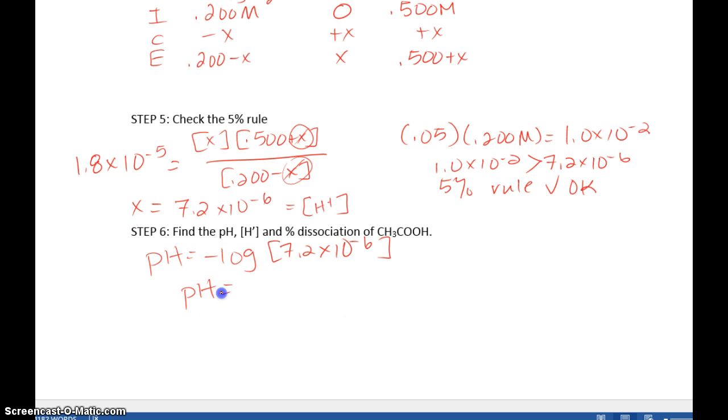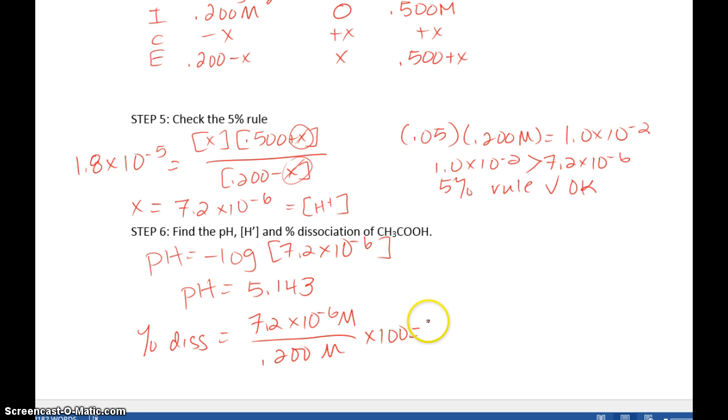So my pH is equal to 5.143, and my percent dissociation is equal to 7.2 times 10 to the minus 6 over that initial concentration of 0.2 times 100, which ends up being equal to 3.6 times 10 to the minus 3 percent, or to take it out of scientific notation, 0.0036 percent.